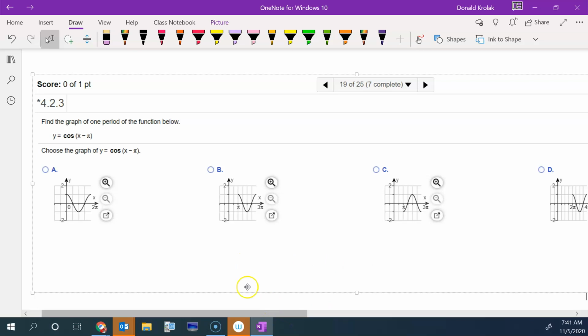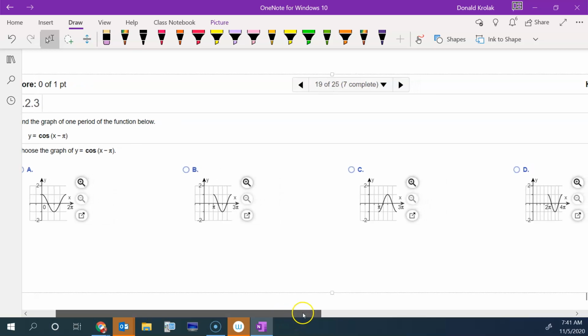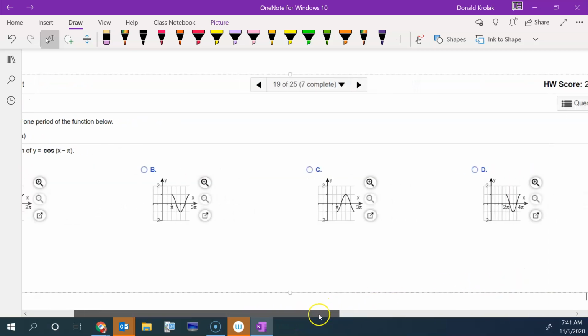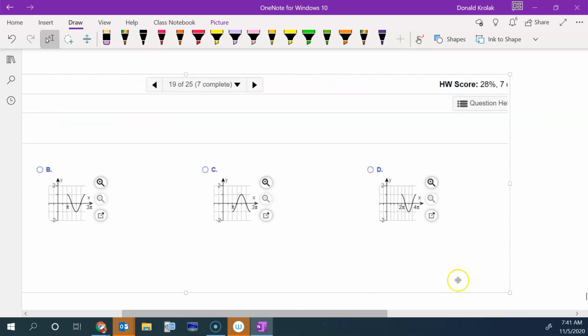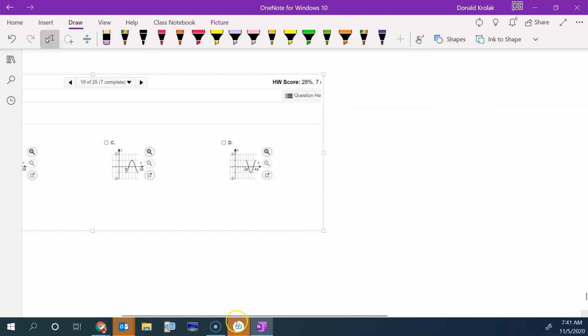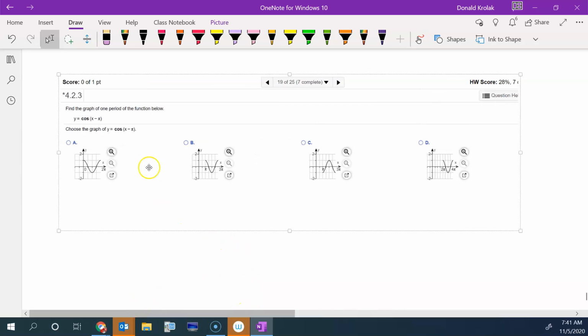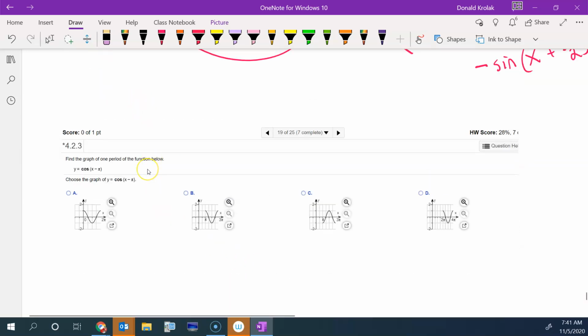All right, Araceli, which way are we moving on this one? What's the transformation? It's because it's pi, it's x minus pi. It's inside the parentheses. So anything that happens in here is sliding right or left.